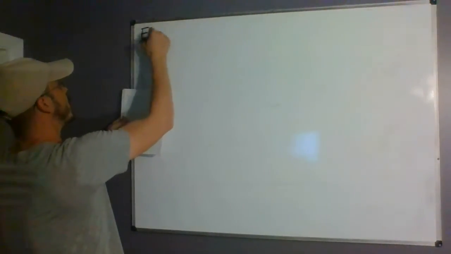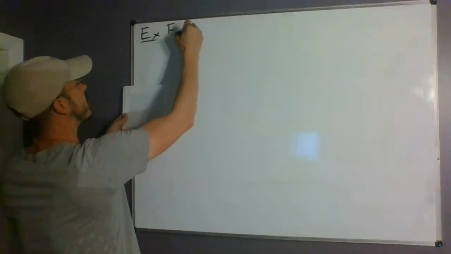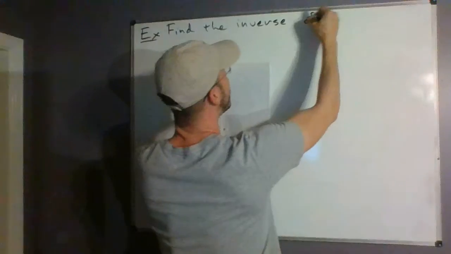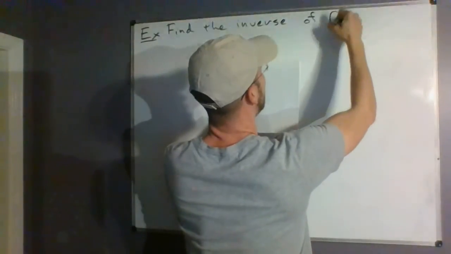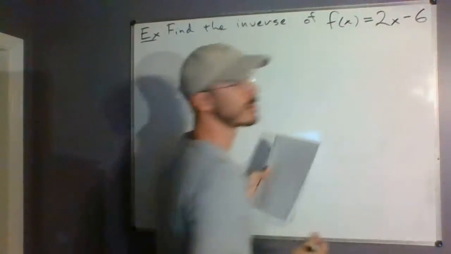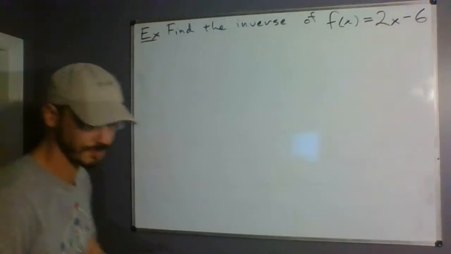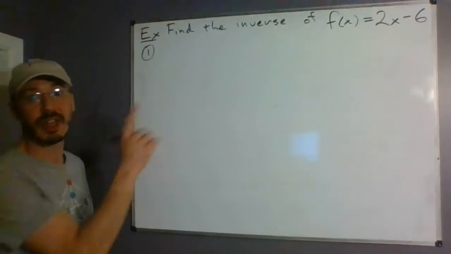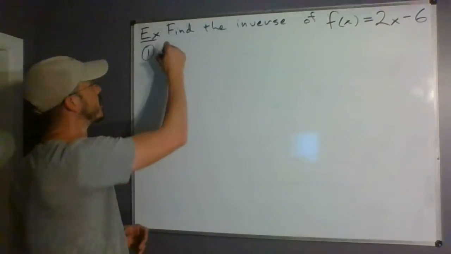In this example, we're going to find the inverse of f of x equal to 2x minus 6. So my first step is to replace f of x with y.